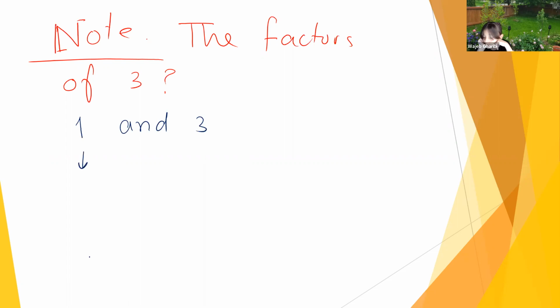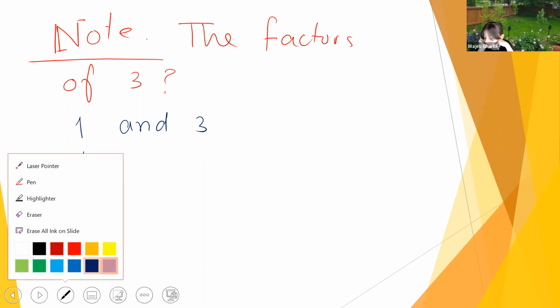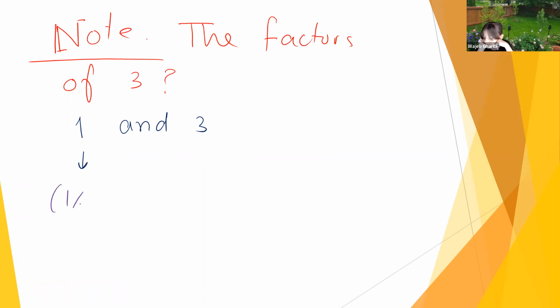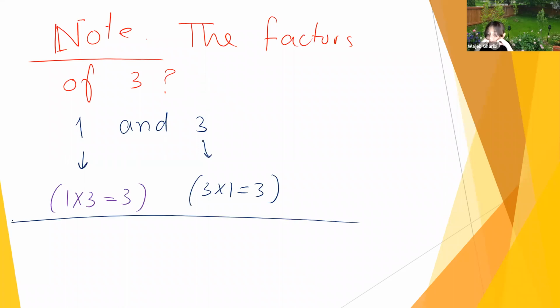I'm going to write why: because 1 times 3 equals 3, or we can say 3 is divisible by 1. How about 3 here? It is also a factor. Why? Because 3 times 1 also equals 3. The note is here.